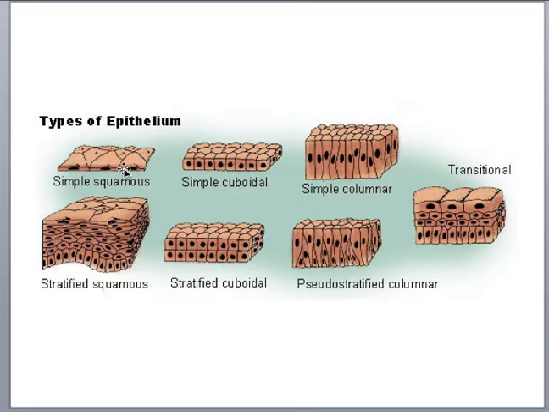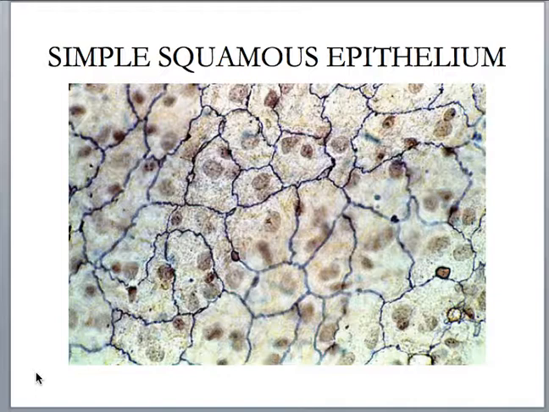So what would be faster? Oxygen trying to get through a single layer of flattened cells, through cuboidal, or through columnar, or through multiple layers? If you look, the distance is greater in all of these. This is the shortest distance. So in order to increase the rate of diffusion, you decrease the distance that those molecules have to diffuse across.